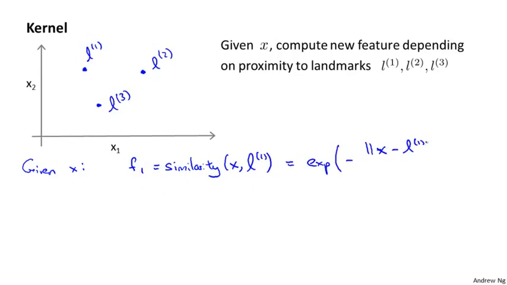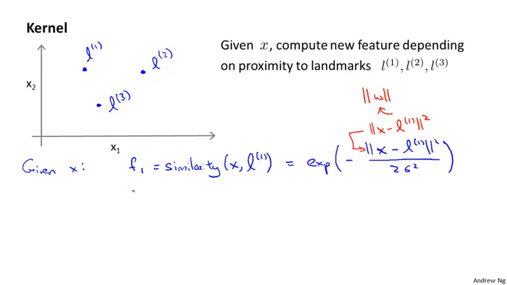So depending on whether or not you watched the previous optional video, this notation is the length of the vector, and so this x minus L1 is actually just the Euclidean distance squared, the Euclidean distance between the point x and the landmark L1. I'll say more about this later.